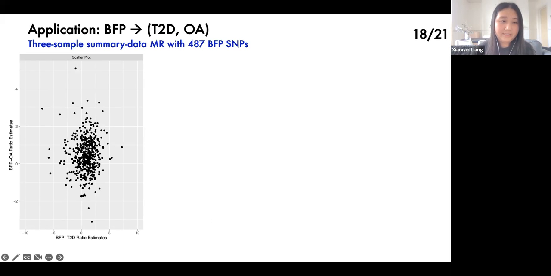But one thing to notice is that in this scatter plot, it's not about SNP associations. It is about SNP ratio estimates. So on the x-axis, we have the ratio estimates for the first outcome, type 2 diabetes. And on the y-axis, we have the ratio estimates for the second outcome, osteoarthritis. So each of the points represents a specific SNP.